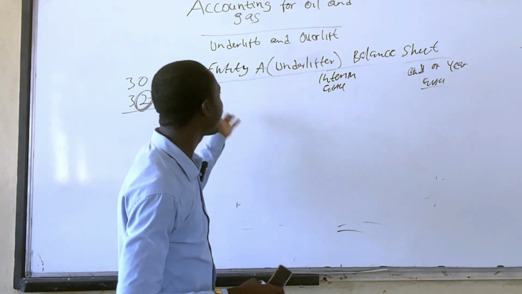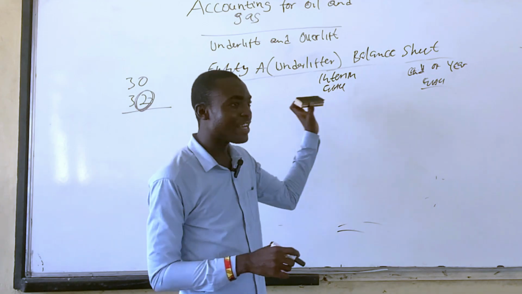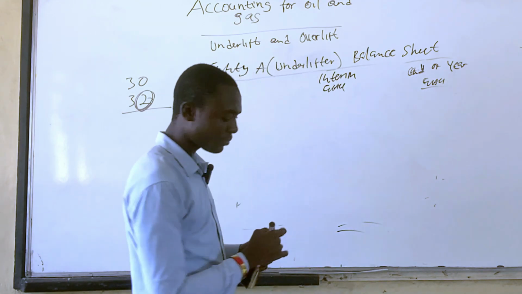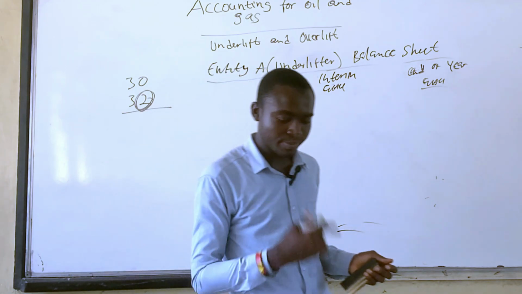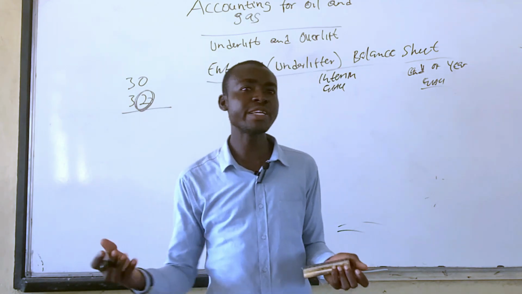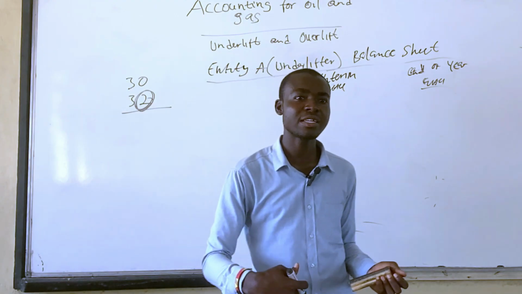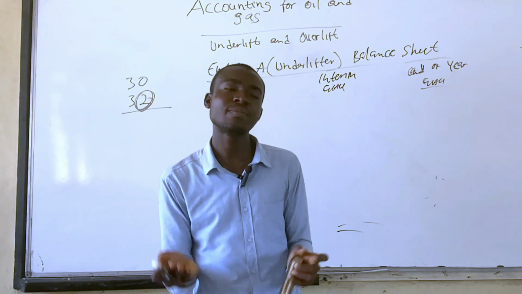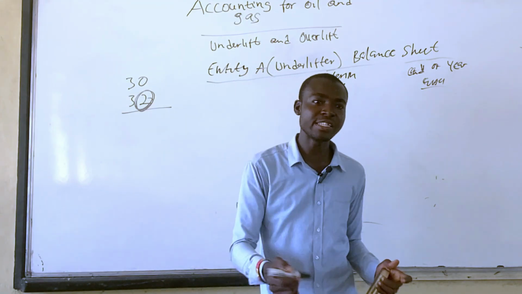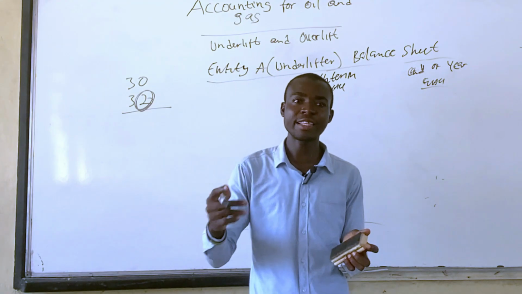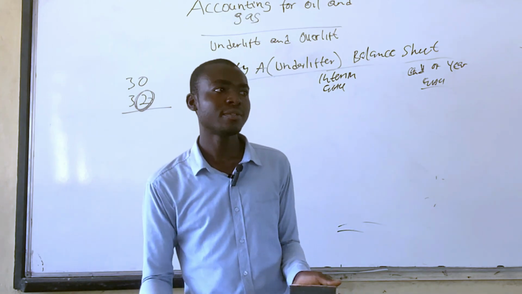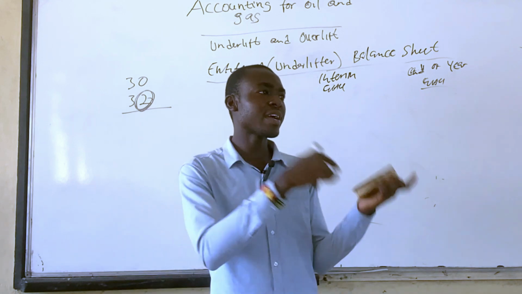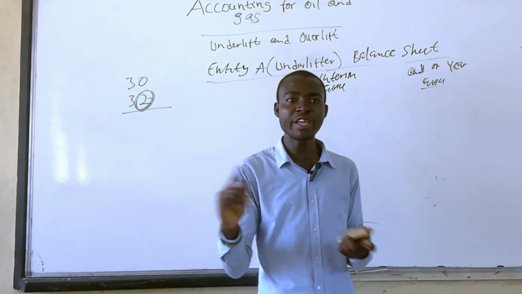So let's look at how the balance sheet statement for entity A will look like. Since entity B is owing entity A the value of the overlift, entity A will recognize it in its books as debtors or receivables, and in the books of entity B, entity A will be recognized as payables.